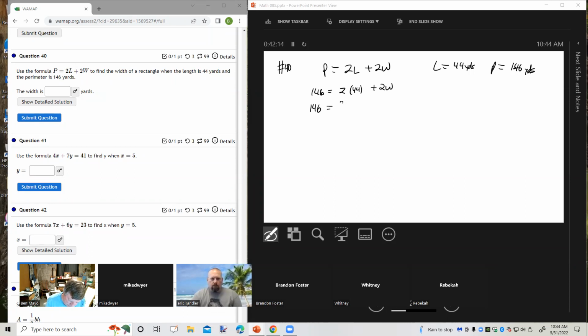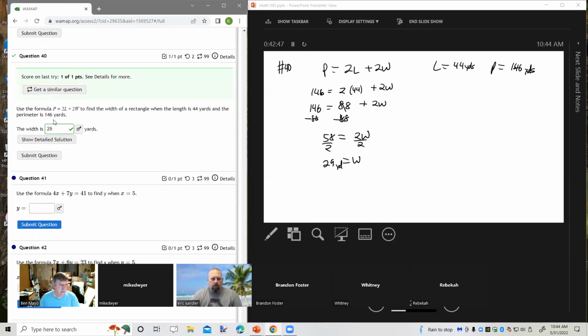We get 146 equals 88 plus 2W, simplifying on the right side of the equation. Subtracting 88 from both sides, 146 minus 88 is 58 equals 2W. Divide both sides by 2, and W equals 29 yards. Any questions on problem number 40?